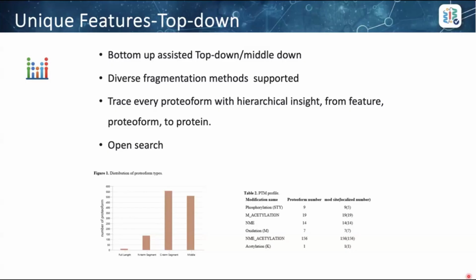And also open search for unbiased PTM and variant discovery. In the summary page, we can give you the distribution of the proteoform types, such as full length, or N-term segment, or C-term segment, or some middle segments.